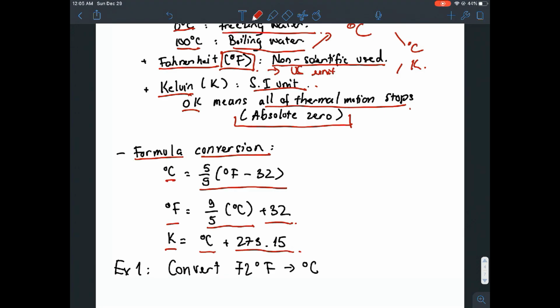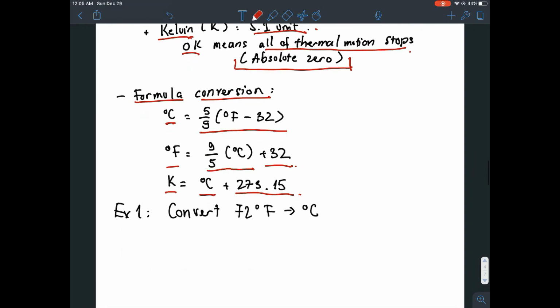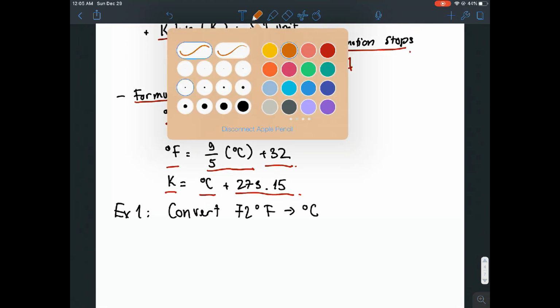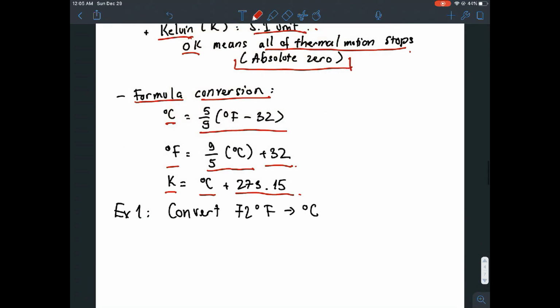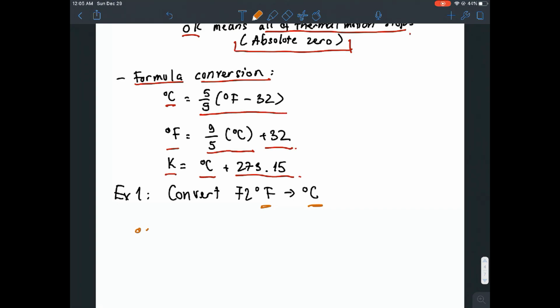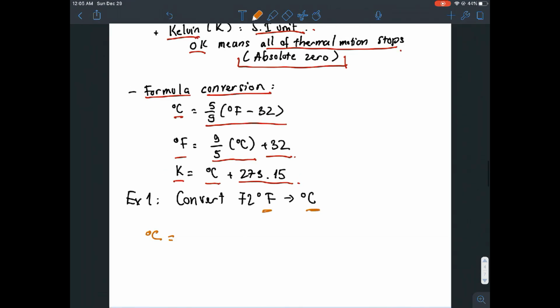We come to the first exercise. Okay, which degree are we going to use in this case? That is the Celsius, right? When you convert from the Fahrenheit degree, we have the formula: the Celsius degree is equal to 5/9 multiplied by Fahrenheit minus 32.